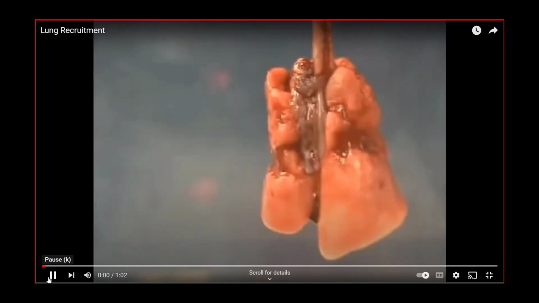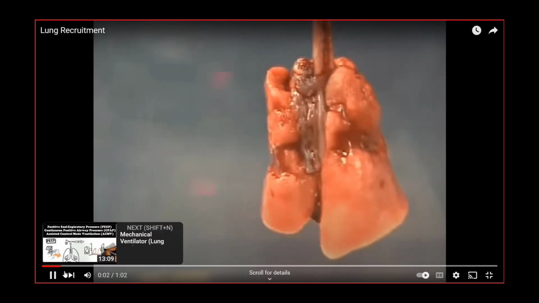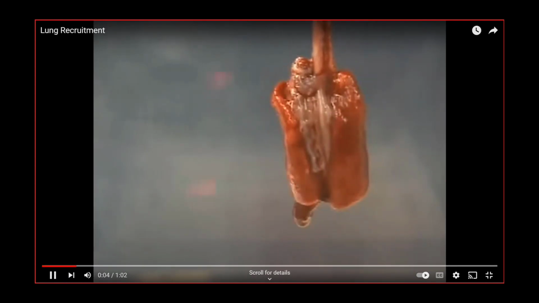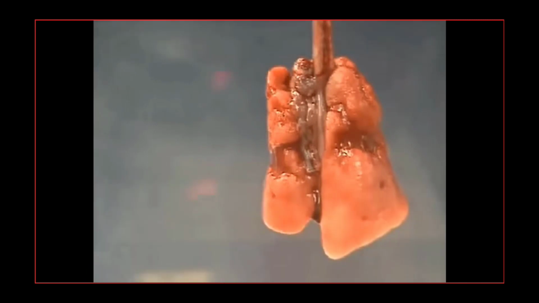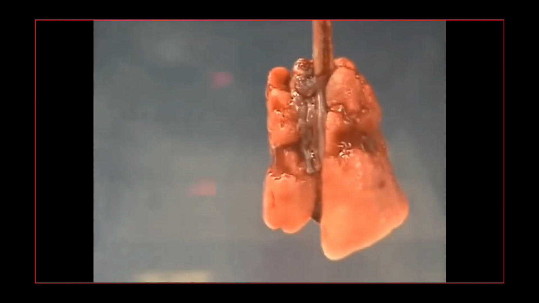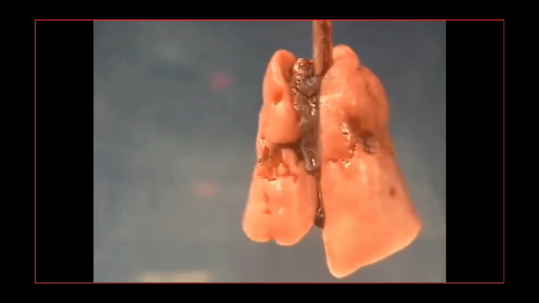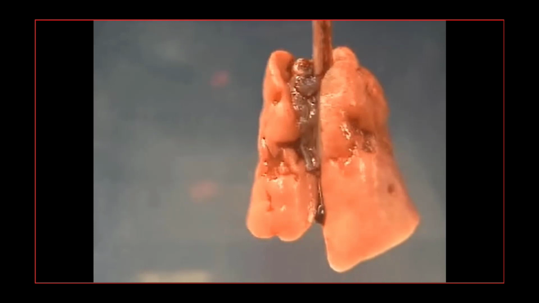There you go. Okay. So this is a set of lungs, and they're trying to recruit. And if you look at this I to E ratio, you'll see that it's about 5-to-1 or 6-to-1. And you can also see that as they stay in that prolonged inspiratory phase, the mean airway pressure stays high.